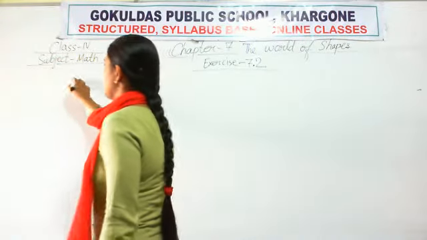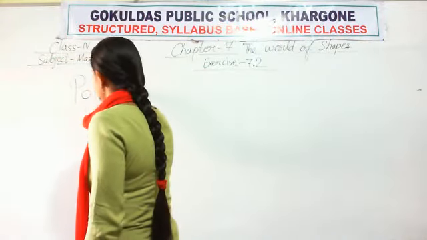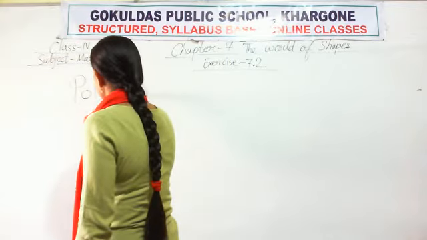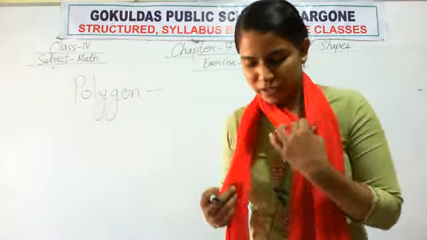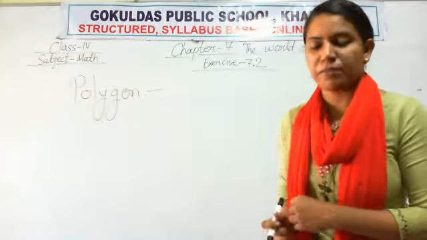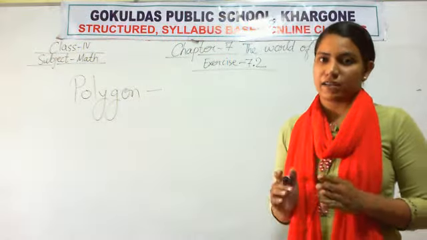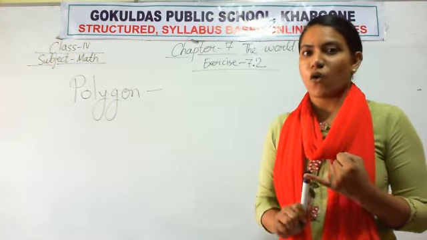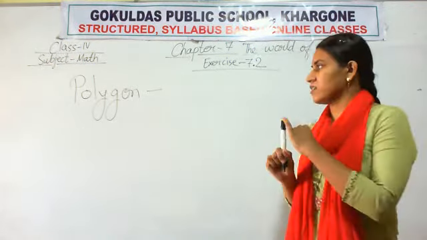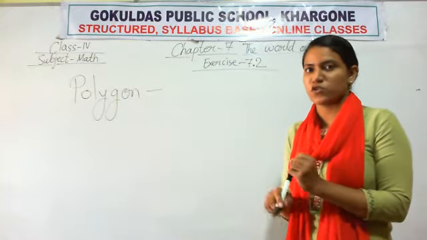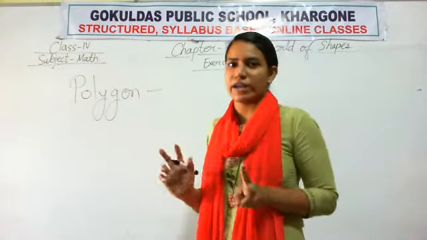Now we will discuss polygon. What is a polygon? A closed shape made up of straight lines is known as a polygon. To be a polygon there are two conditions.